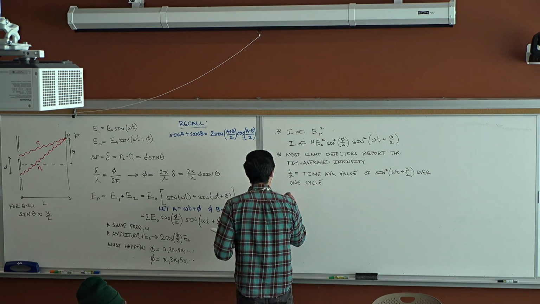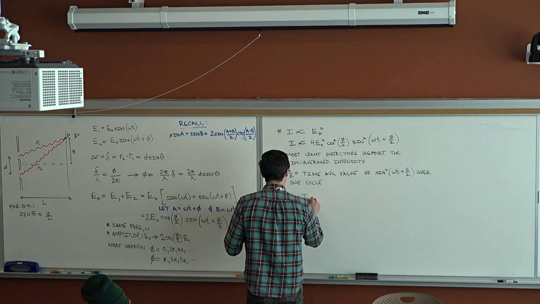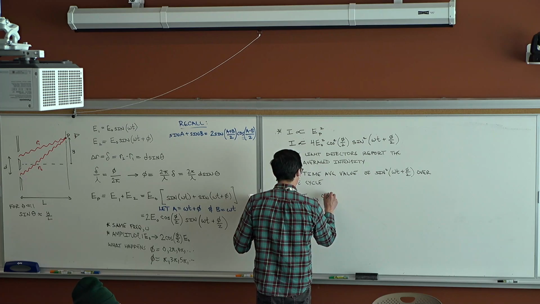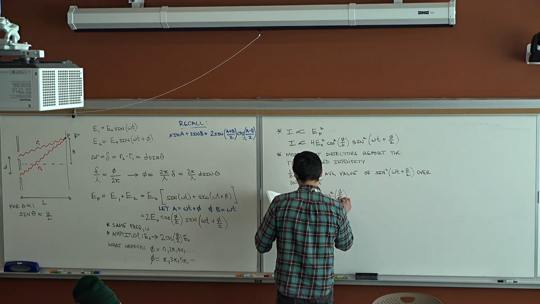And so we can say that the intensity goes as this maximum intensity times cosine squared of B over 2.